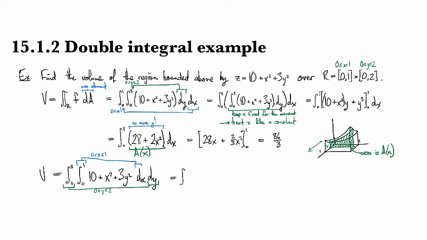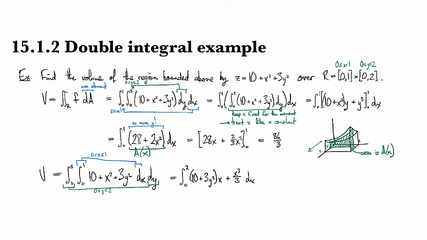Okay, and so now I first do this quote-unquote partial integration with respect to x. And so that gets me the integral from 0 to 2 of, and then that thing on the inside, integrating with respect to x now, 10 and 3y squared are both constant terms. So I've got 10 plus 3y squared times x. Constant becomes a linear function. And then I've got x cubed over 3.